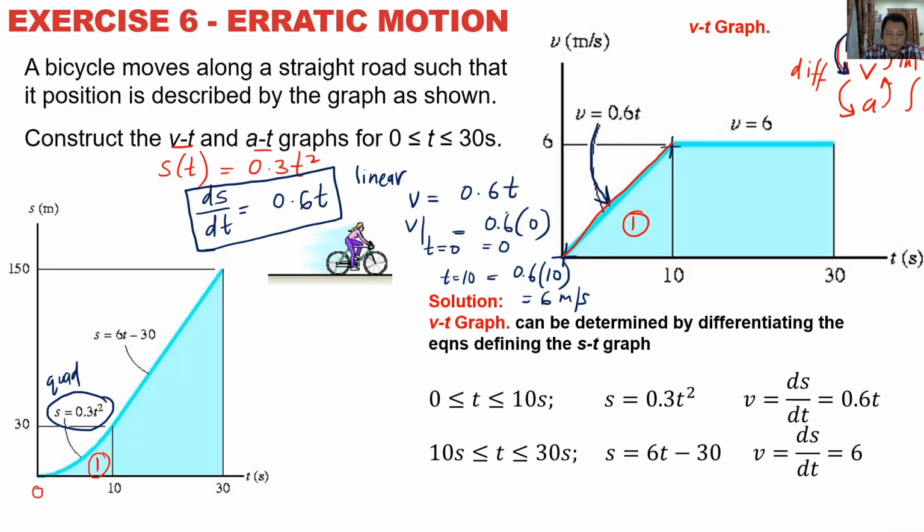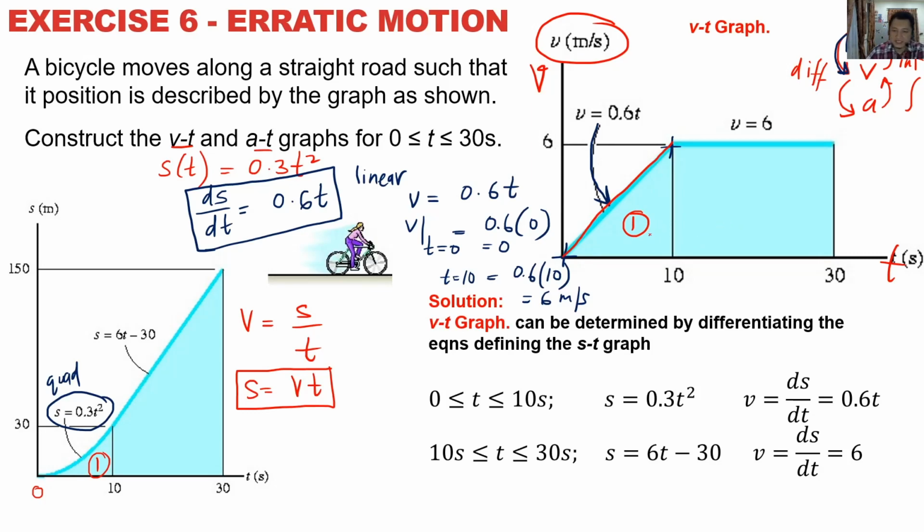How do we know this? You can get it from V equals S over T, so S is equal to Vt. V multiplied by T. This is the V axis, this is your T. The area under the graph is V times T. So you can get displacement just by calculating the area under the graph.